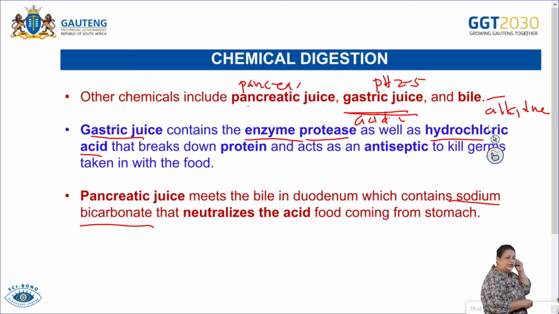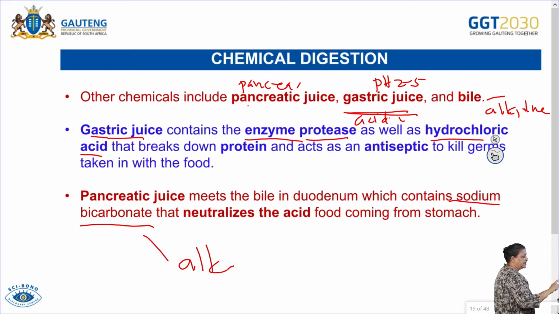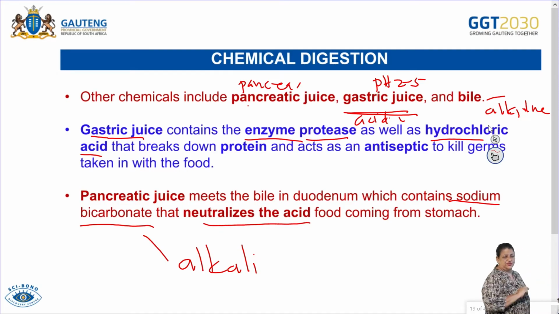Okay, it's called what? Sodium bicarbonate. And this sodium bicarbonate is actually alkali. And they neutralize the acid in the food. So if you take an alkali and pour it into an acid, it neutralizes the food so that the food doesn't burn as it's moving down the intestine.